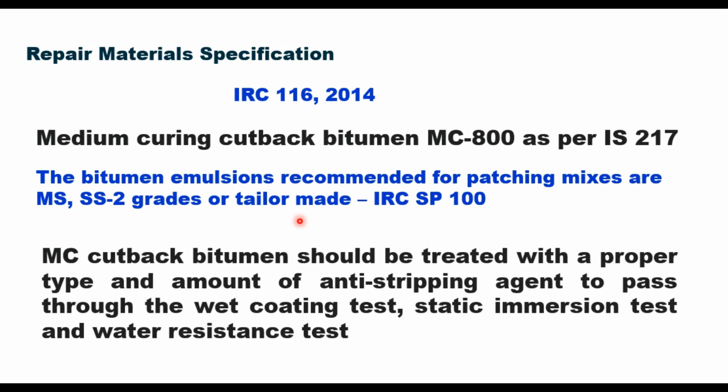When cutback is used, it should be treated with a proper type and amount of anti-stripping agent to pass the wet coating test, static immersion test, and water resistance test. Now these three tests I have explained in my another video on patch repair.